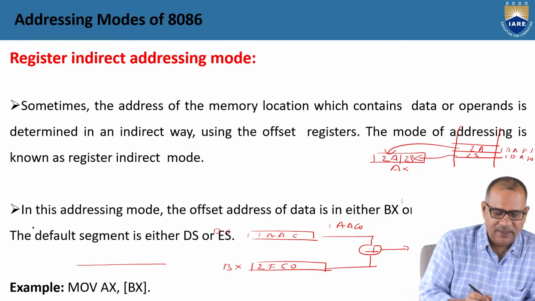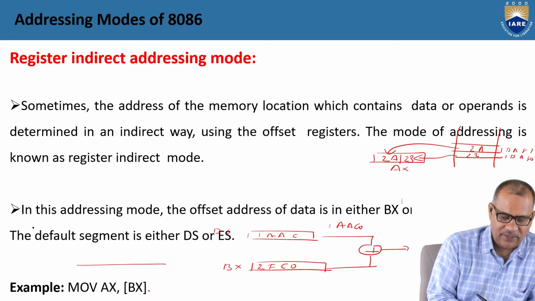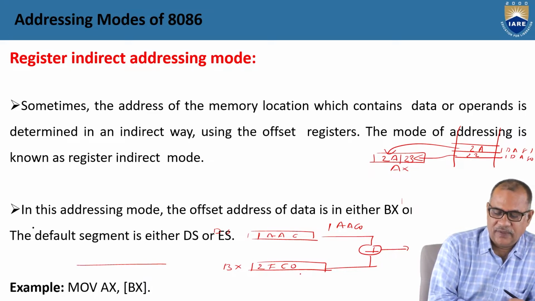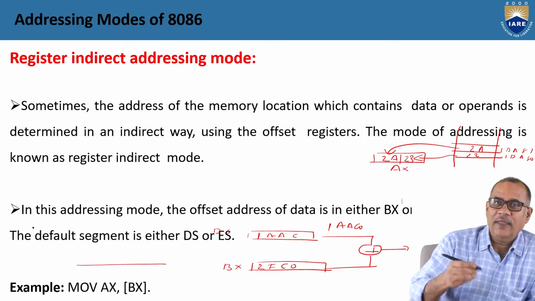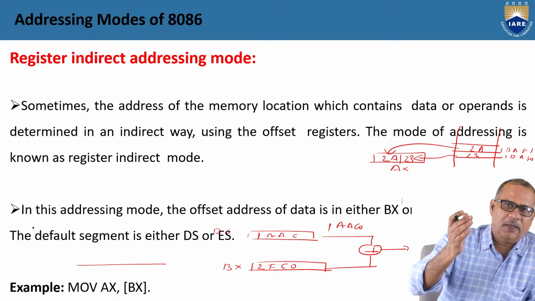For example, if I say MOV AX, [BX], then what happens? Let us say the data segment contents are 1AAC, and let us say the contents of BX are 2FC0. Here, how is the effective address calculated?